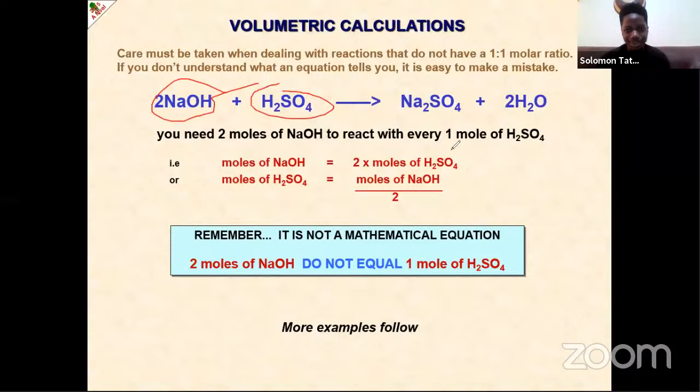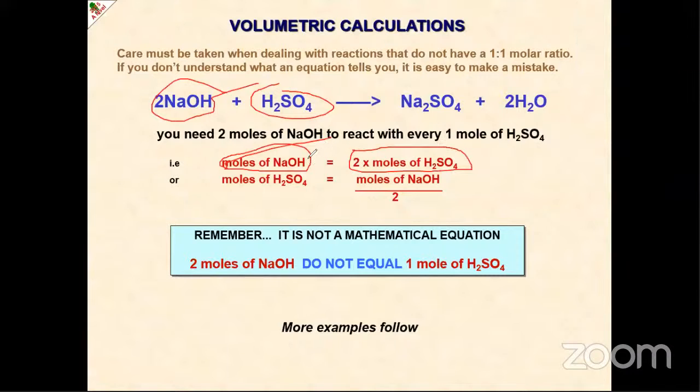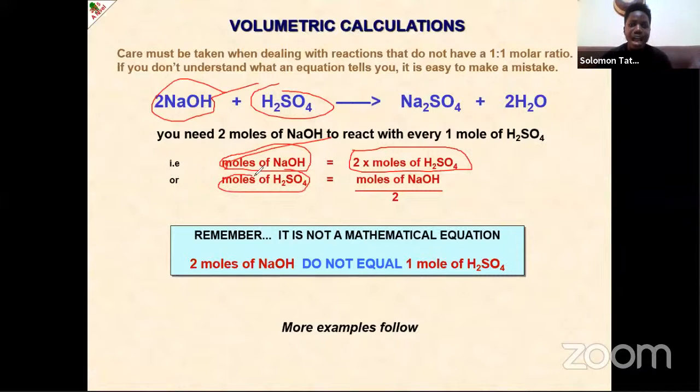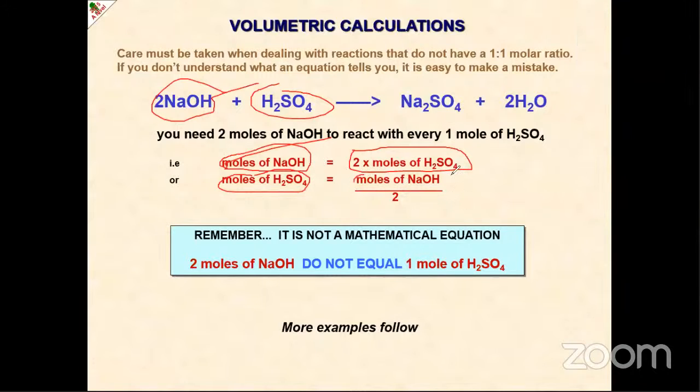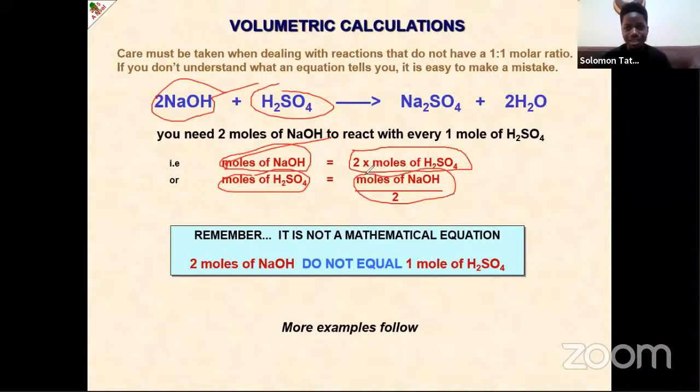So therefore, the moles of sodium hydroxide in this case would be 2 times the moles of sulfuric acid, and the moles of sulfuric acid would be half the moles of sodium hydroxide. Exactly, someone is repeating after me. So that would be using the mole ratio that is not 1-to-1.